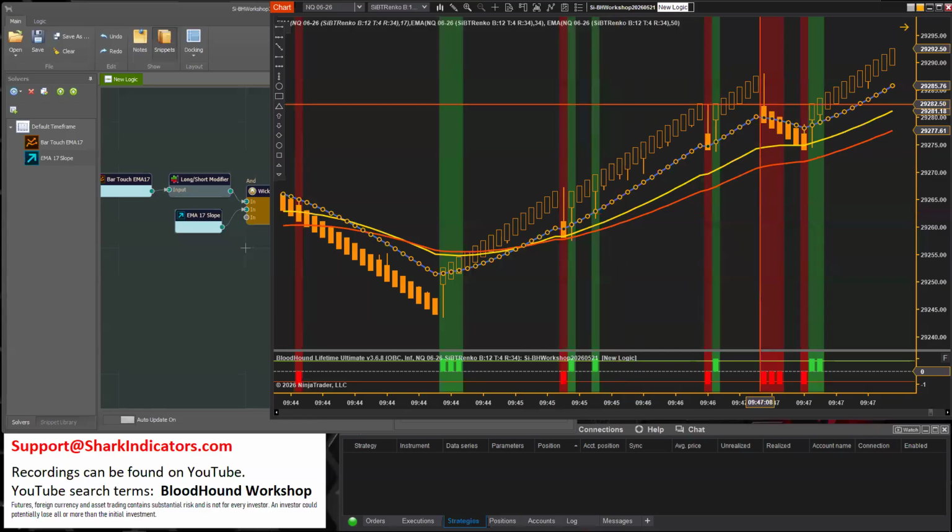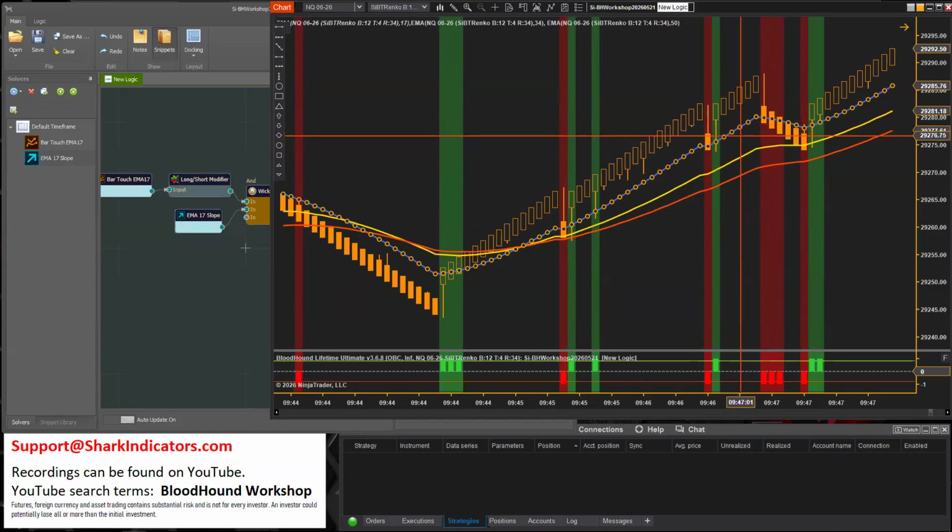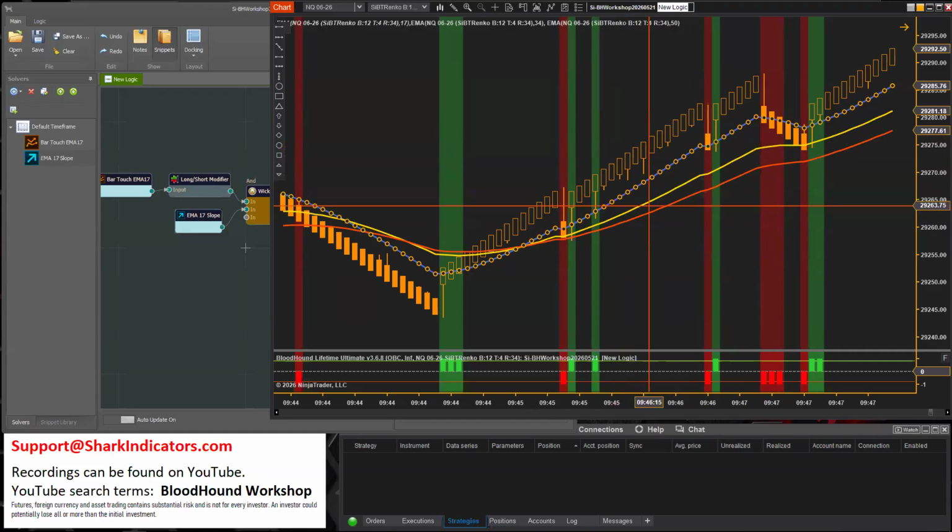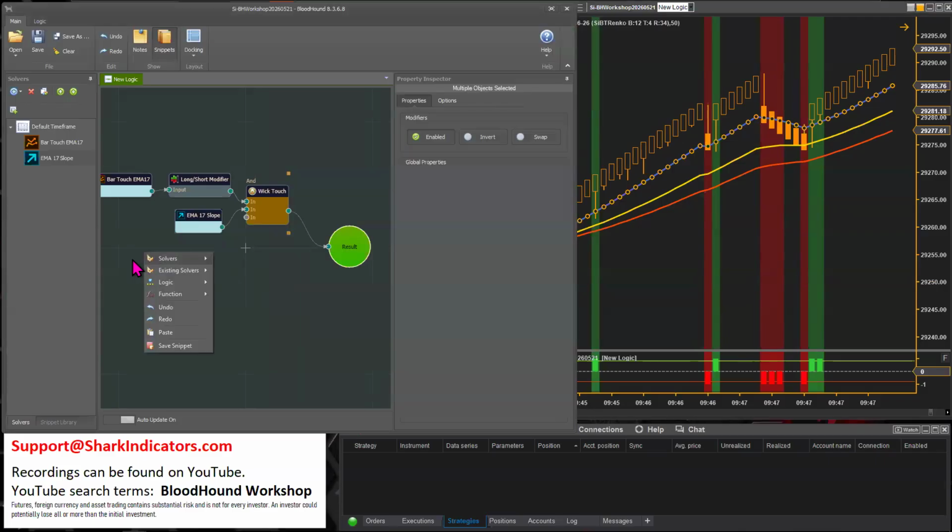But for the other type of entry signal, where there's actually a pullback, that's going to use the stacking of the moving averages, and we can use that stacking also for this pullback. So there's no need to build an extra solver looking at the open when we have a solver comparing this 17 to the 34, and it could be used for both types of signals. That way we can eliminate the number of solvers being used.